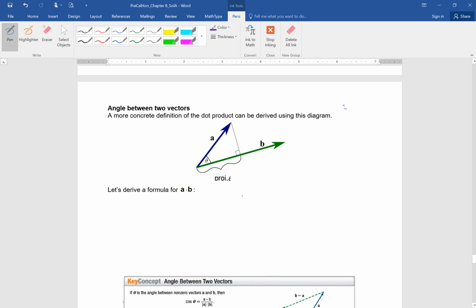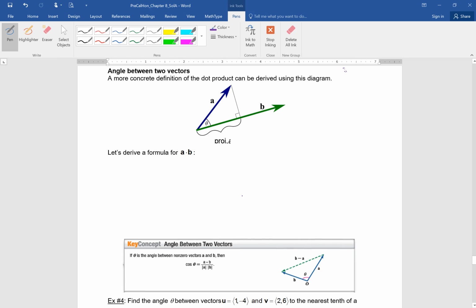All right, so what about the angle between two vectors? We can get a more concrete definition of the dot product using this diagram, right?